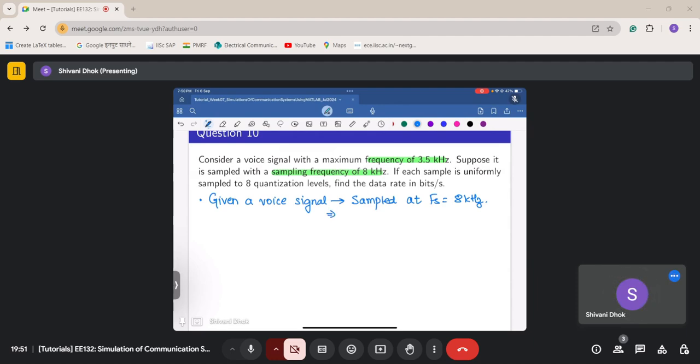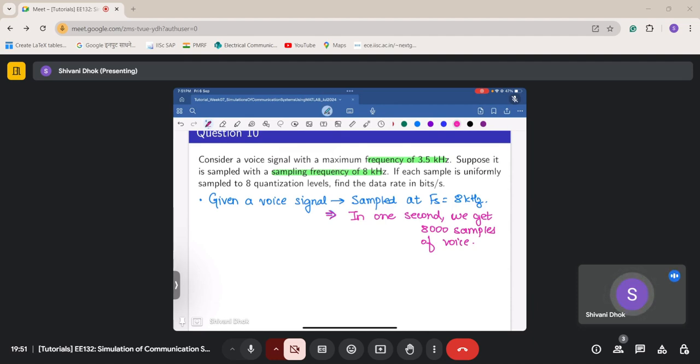It implies that in 1 second, we get 8,000 samples of the voice signal.